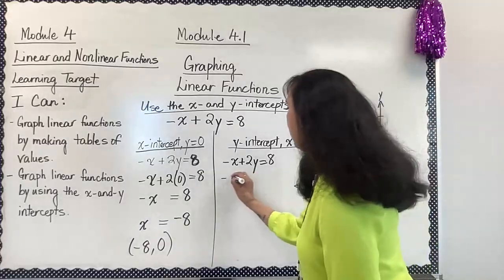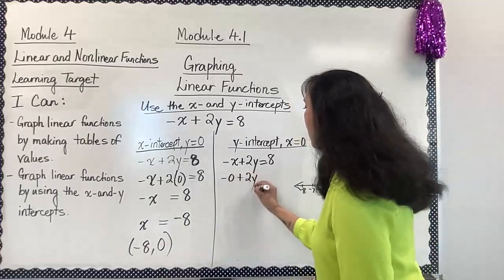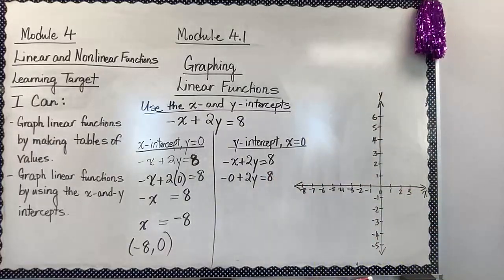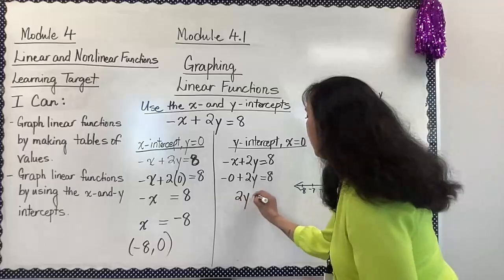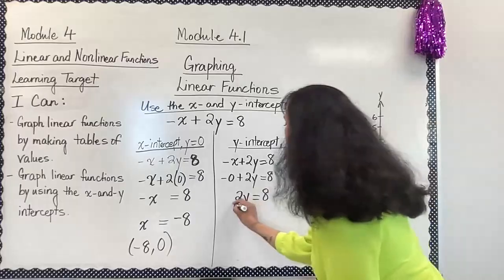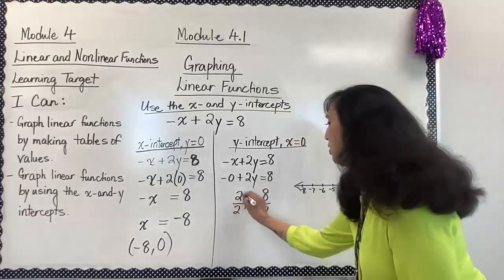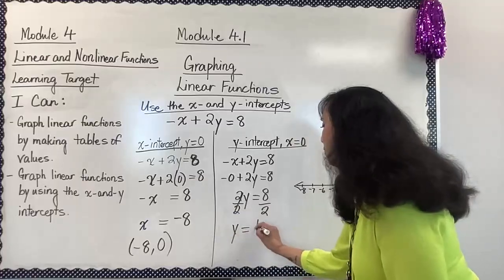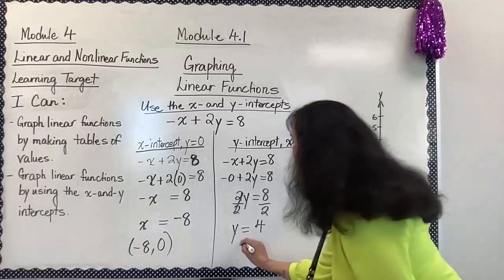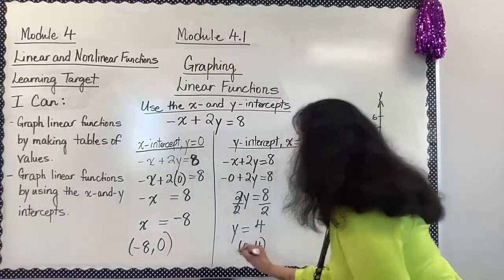So this is negative 0 plus 2y is equal to 8. So now when we simplify, we are going to get 2y is equal to 8. We are going to use the division property of equality, divide both sides by 2, and y is equal to 4. So this means that the graph intersects the y-axis at 0, 4.